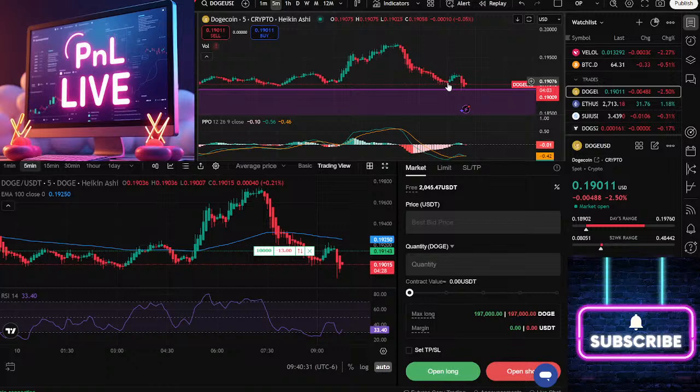But it looks like the selling pressure is starting to come down right at the resistance, or right at the support, excuse me. So this is still okay. It can even fall a little bit. The next 5 minutes could still fall a little bit further. We'll see.